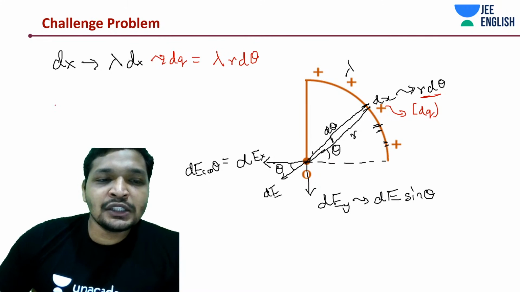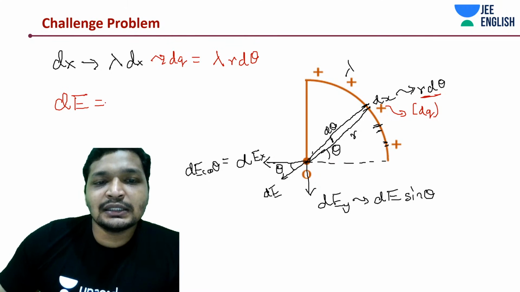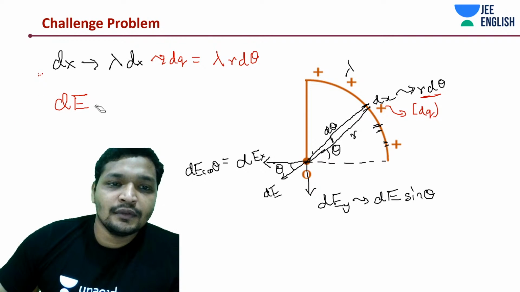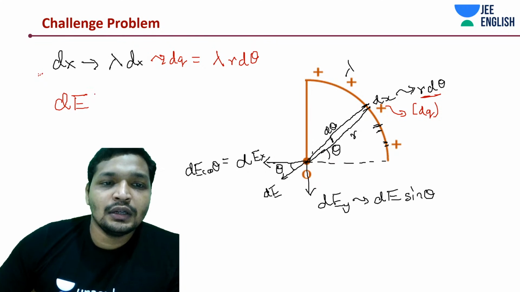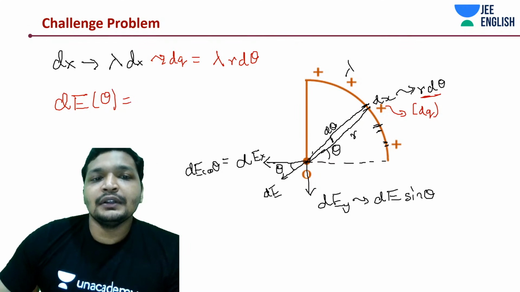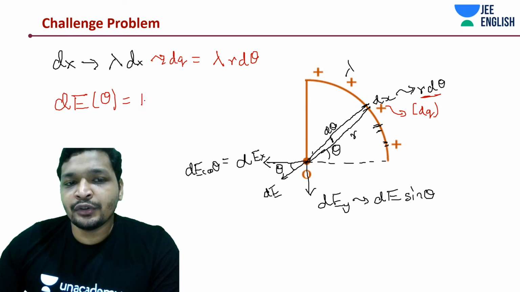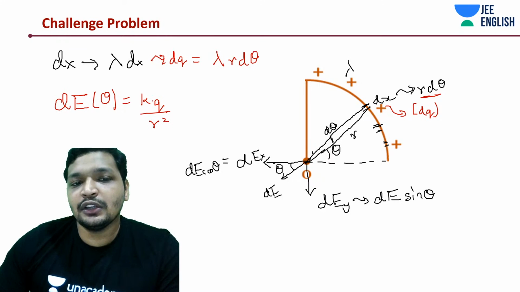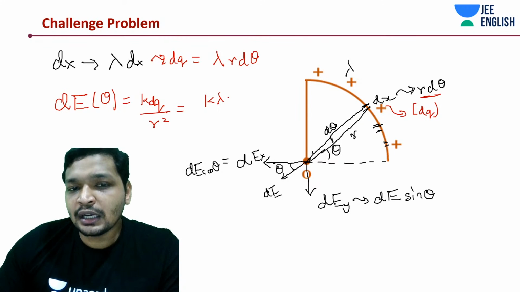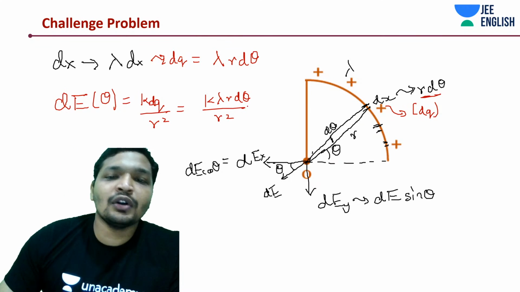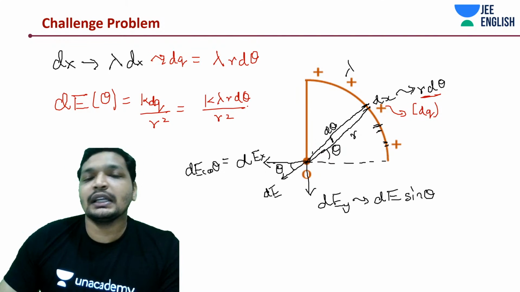Now for a small elemental area at some angle theta, the magnitude of dE is k dq by r squared. That gives you k into lambda into r d theta by r squared, just like how we did in the last problem. The only difference is there exist two components and you'll integrate from 0 to 90 degrees.